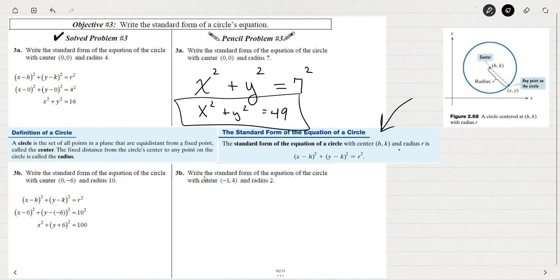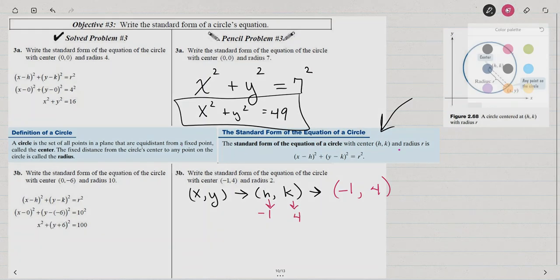We could also write the standard form of the equation of a circle with a center at -1, 4 and radius 2. So here we look at the center h, k, or let me write the actual center. It's at -1, 4, right? So it looks like h, the x component, is -1, k, the y component, is 4.